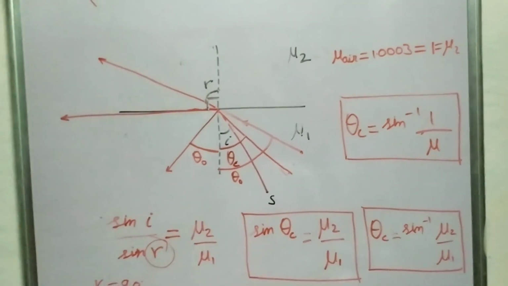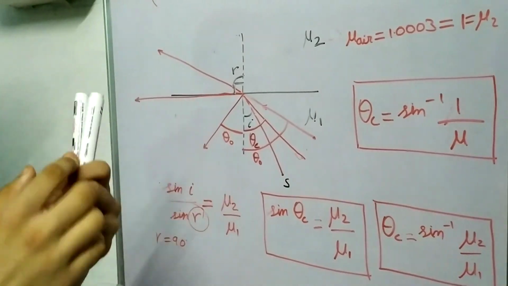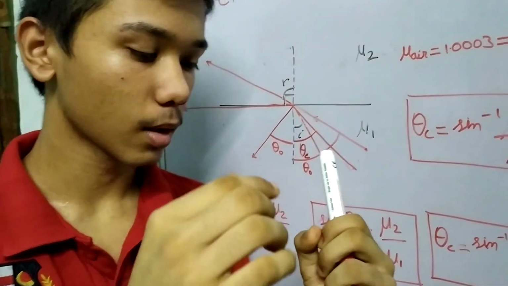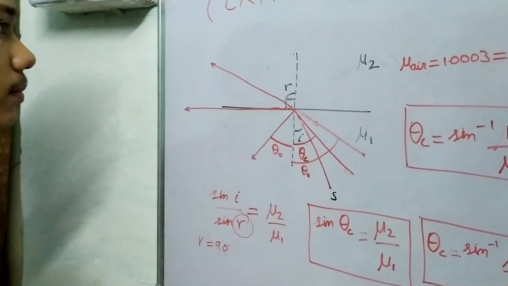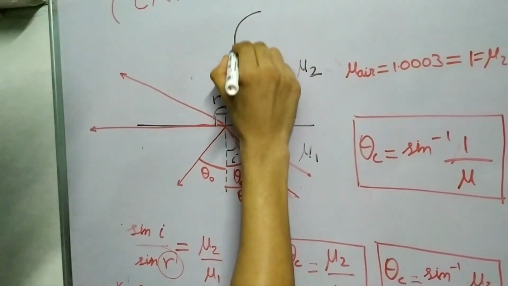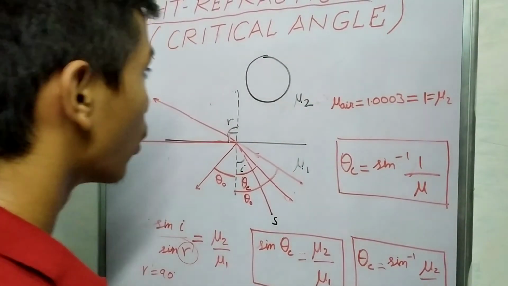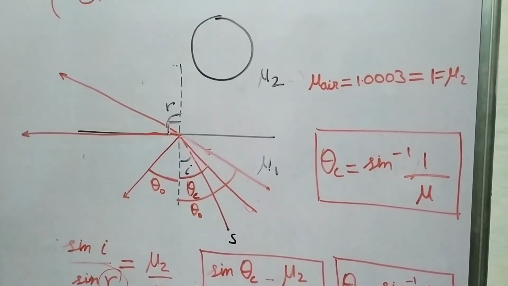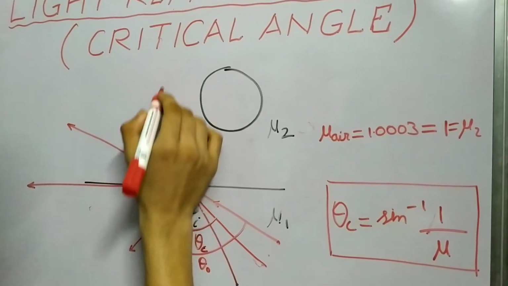Now again, the application of this is what we see in a rainbow. We can discuss rainbows in another video, but in rainbows, this is a droplet of water, and this is just an introduction. What is actually happening is slightly more involved, we can do this in another video in a more detailed manner.